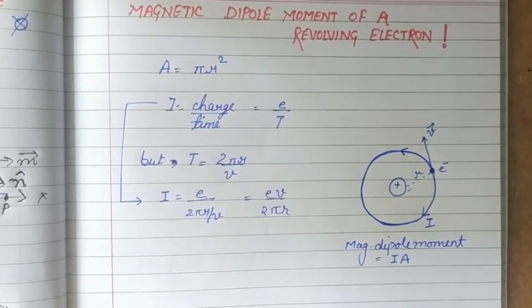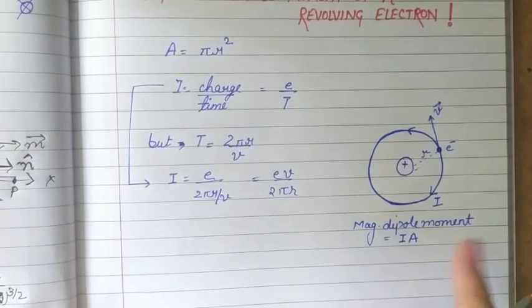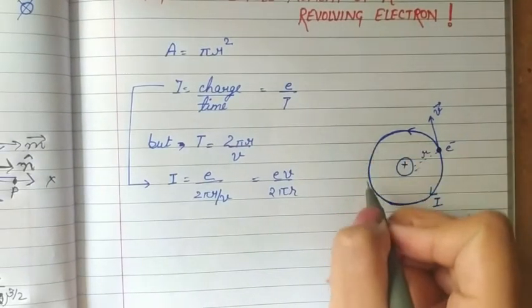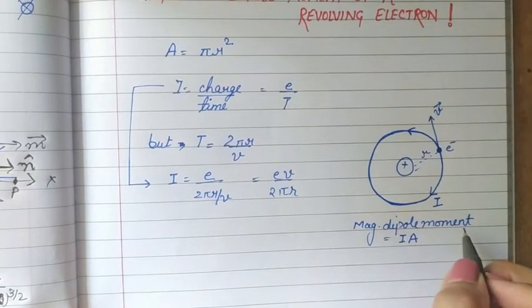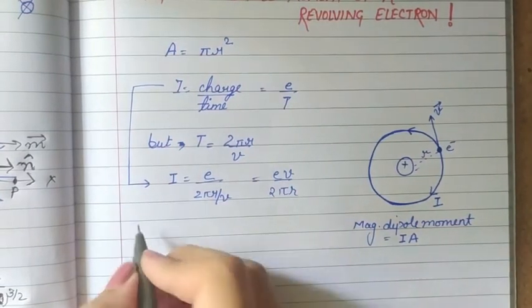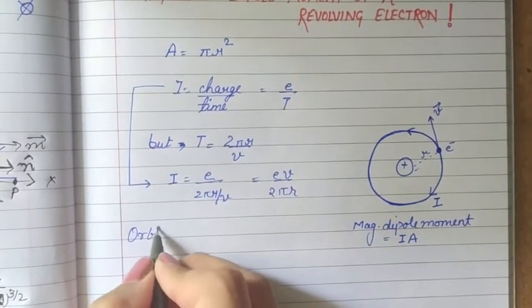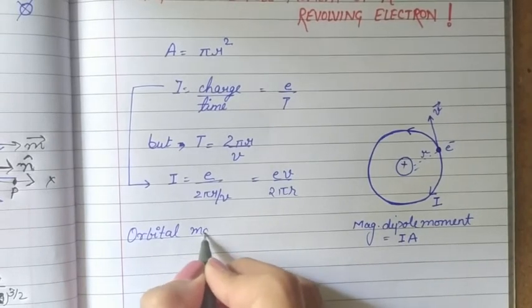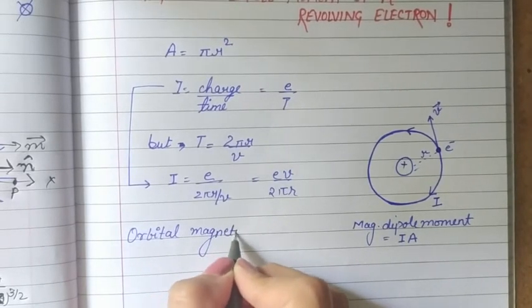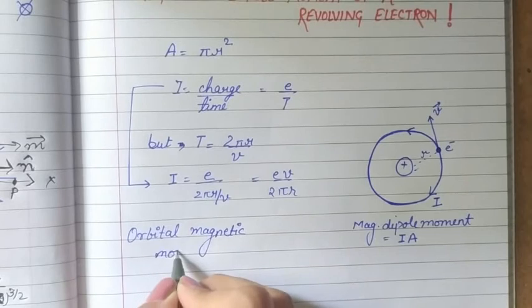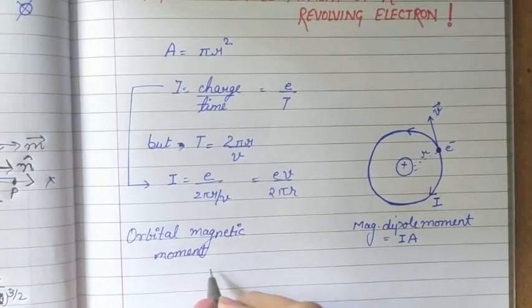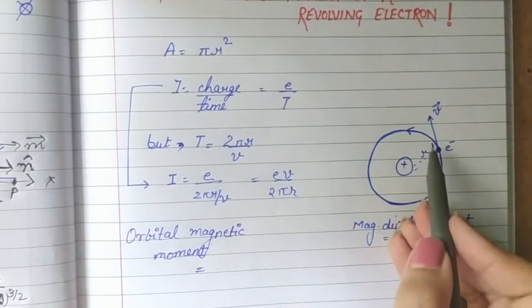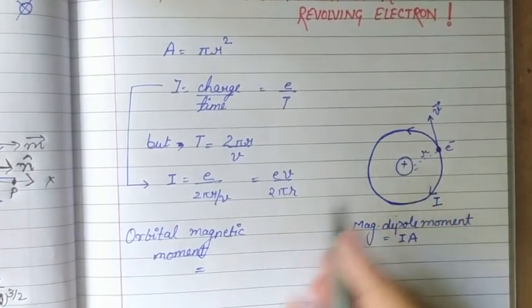So the magnetic dipole moment, and since it is because of this orbital motion, we don't call it magnetic dipole moment, but we call it as orbital magnetic moment. It is actually the magnetic dipole moment only, but we call it as orbital magnetic moment because it is because of the orbital motion of electron.